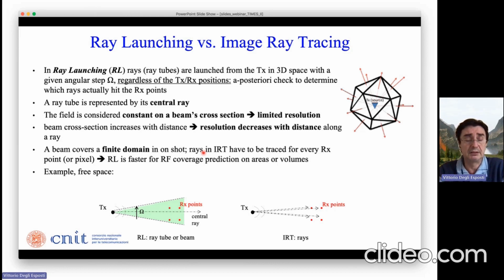Starting from the transmitter, we launch rays with a given angular step in all directions, and then we follow the rays, and a posteriori we check whether those rays hit a given receiving point, a given pixel that we want to consider. In this case, the central ray represents a whole ray tube, and the field is considered constant on the ray tube cross-section. So we have a limit on resolution in ray launching, which was not present in image ray tracing.